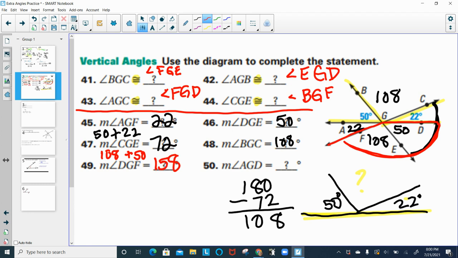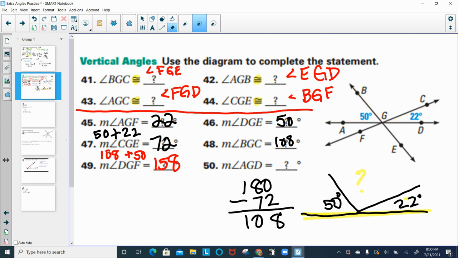And then lastly, AGD. That's kind of a trick question. I'm going to erase everything real quick. Hang on a second. Look at AGD. Did anybody pick up on this when you were working in the group? AGD. That's 180. They're just trying to be tricky.